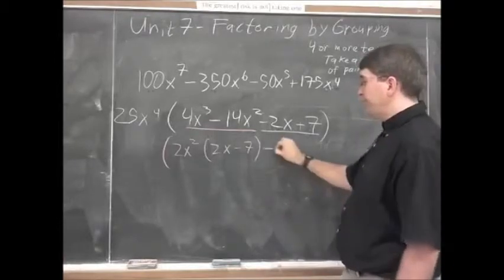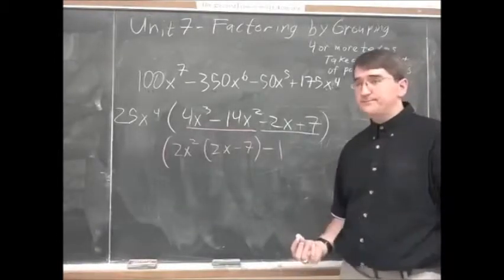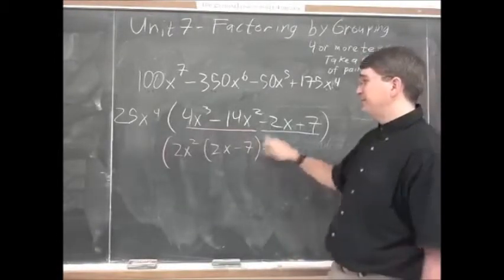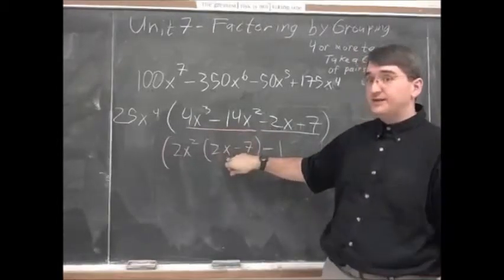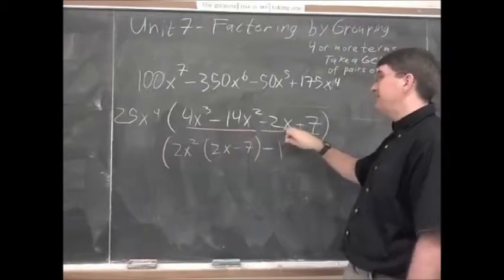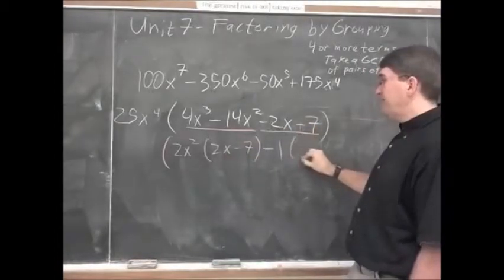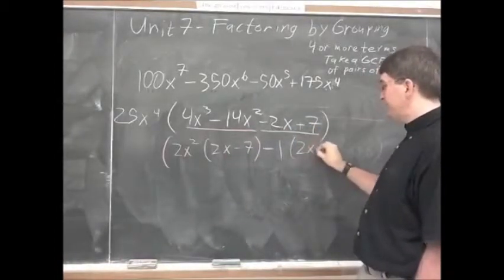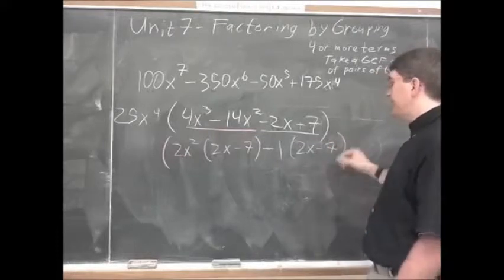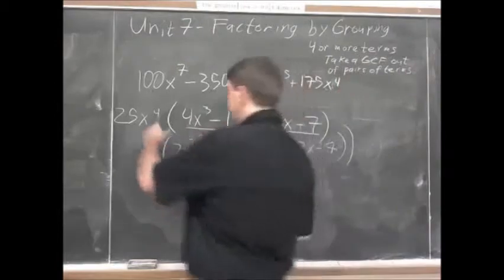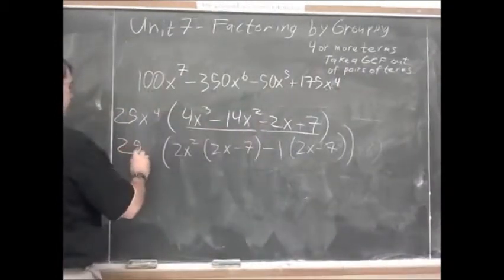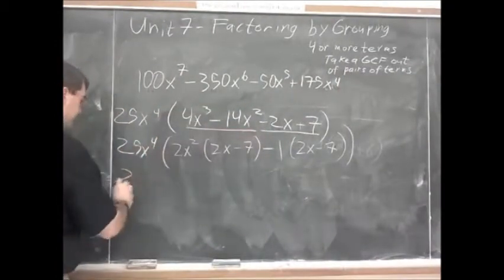What I mean is that I'm going to take out a negative 1. And you'll see why this should make sense, because ultimately I'm going to get a positive 2x minus 7. I have a negative 2x plus 7. And if I divide those by a negative 1, now that gives me the 2x minus 7 that I would hope for.